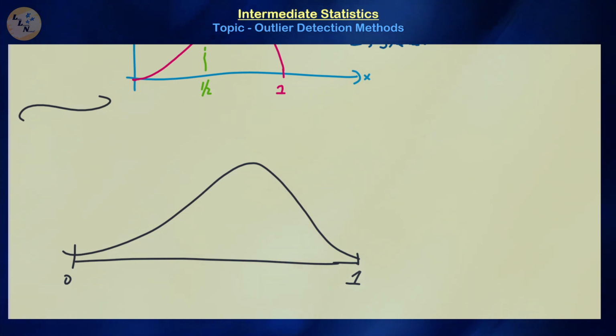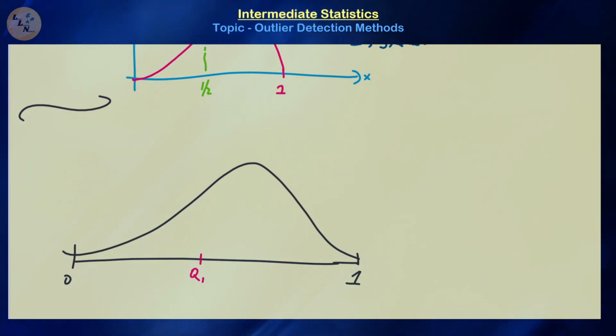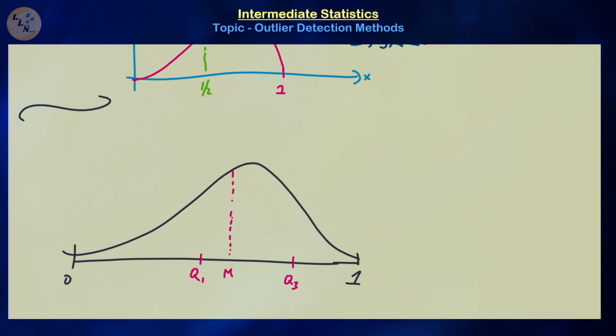The area under this curve is equal to 1, which makes it a PDF. Q1 is going to be somewhere here, and let's assume that the median is somewhere here. All right, so the median is there, and Q3 is probably going to be somewhere over there. Okay, so why do I focus on the median here?